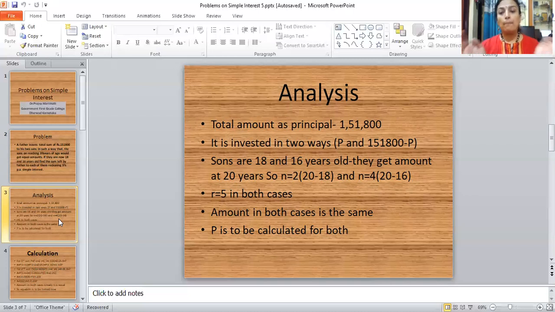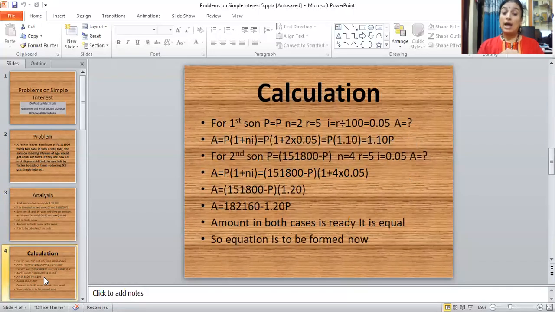And now the formula to be applied is of amount. A is equal to P within the bracket 1 plus Ni. Come, let us calculate the problem now. As it is stated in first son's case, P is P, N is 2, R is 5. So I hope you have understood, which is explained in my earlier videos also.